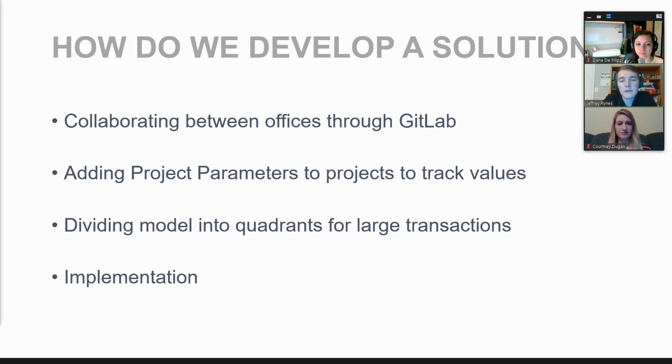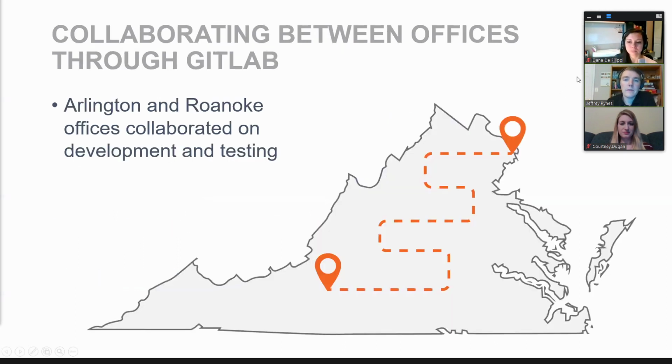Adding in some project parameters so we could track those values that we needed to. And then that third point there, dividing that model into quadrants, that's a bit more of a technical stumbling block we had with a larger model. And the implementation: how did we start to send that out to the wild after we worked together as a team and tested it in a few cases.